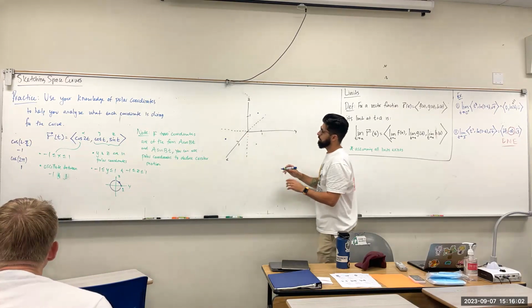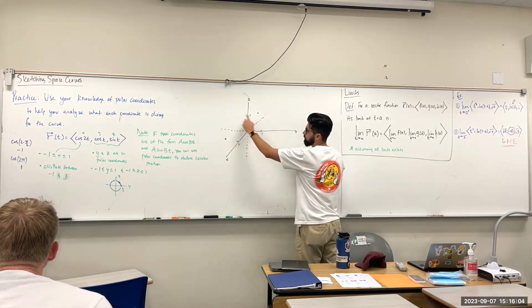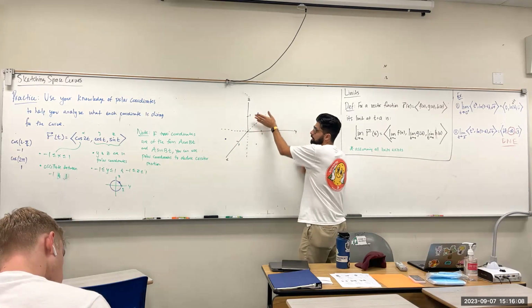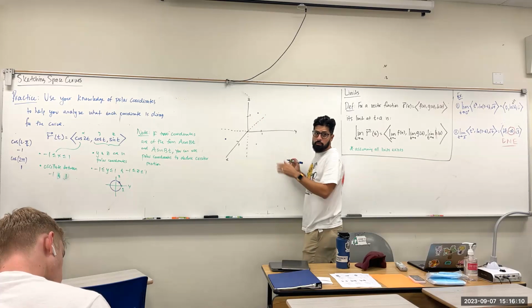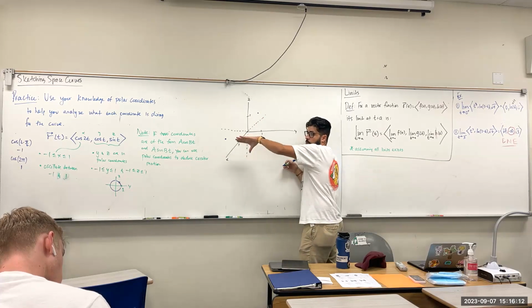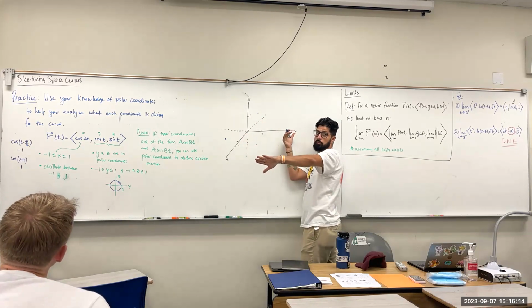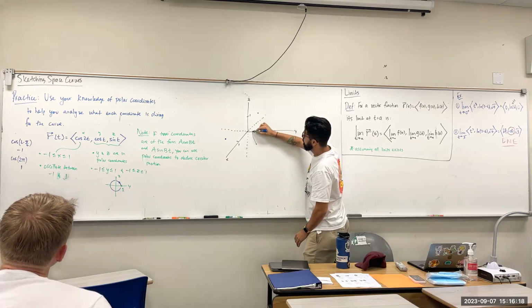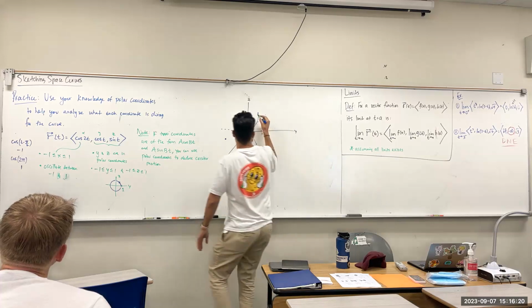So let's see so far what's happened. We know it's going in a circular motion, and we know x oscillates between 1 and -1. These points are towards you, this point is behind the board. So it's like this circle is folding in like this.